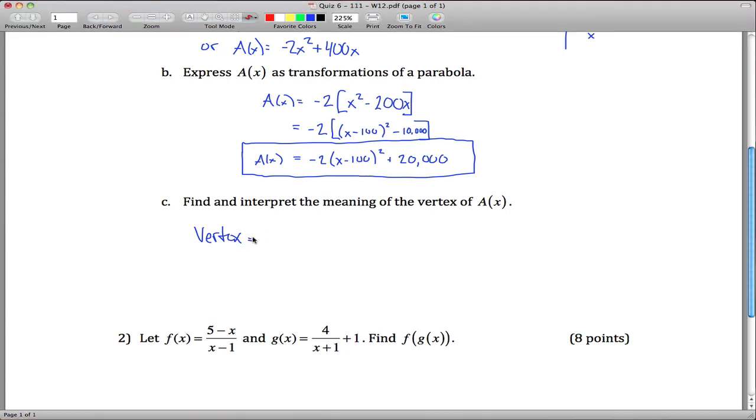So 100 is the x-coordinate of the vertex, and 20,000 is the y-coordinate. And what that means is that area is maximized when x equals 100, and that area is 20,000.